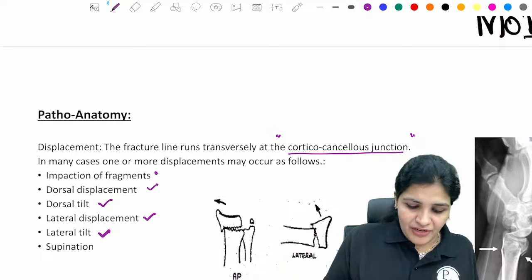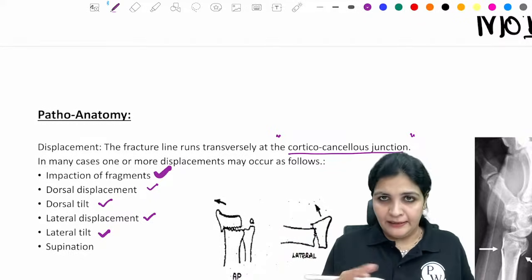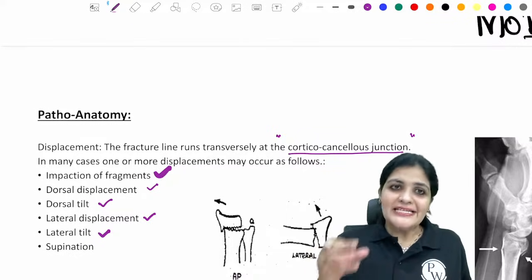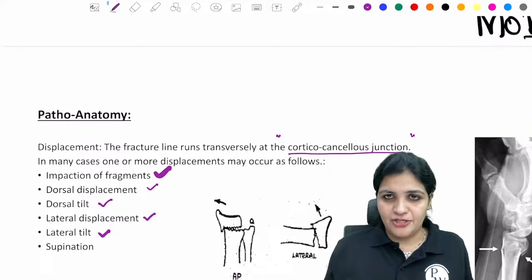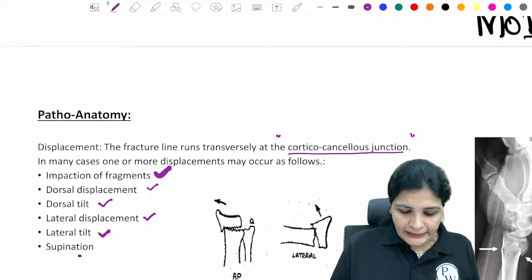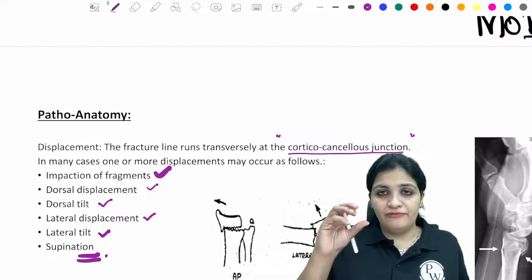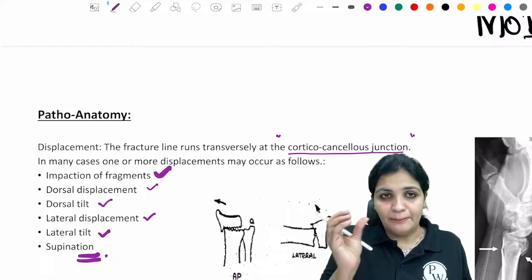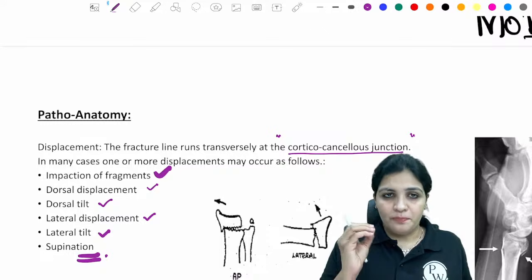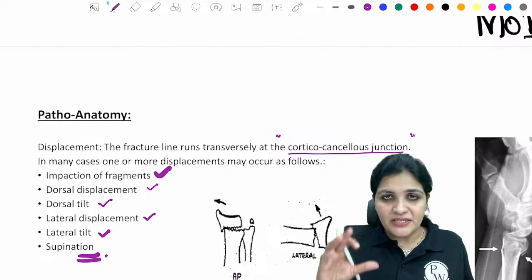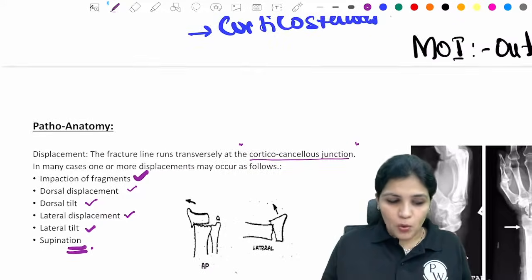Even if the fracture fragments are impacted in the cortico-cancellous junction, we still call this the Colles fracture, right? And finally, if the fracture fragment is in supination, completely tilted, this is called supination. These are the various displacements which describe your Colles fracture.